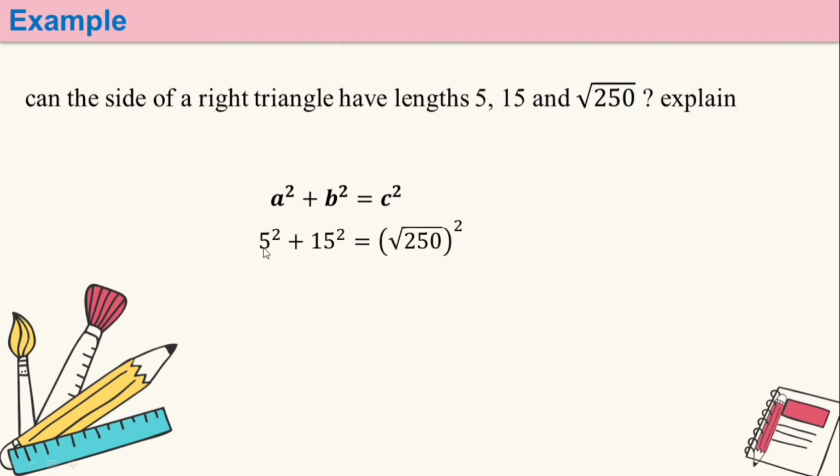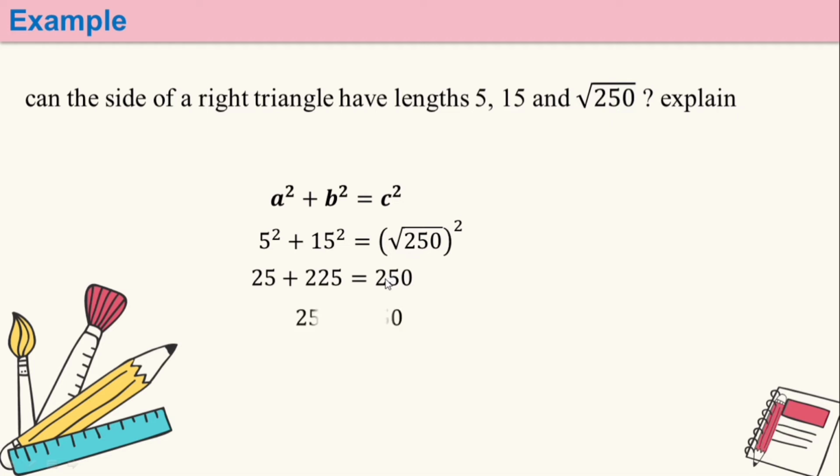5 squared plus 15 squared equals the square root of 250, in brackets, squared. So 5 times 5 is 25, 15 times 15 is 225, and then the square root of 250 times the square root of 250 is 250.